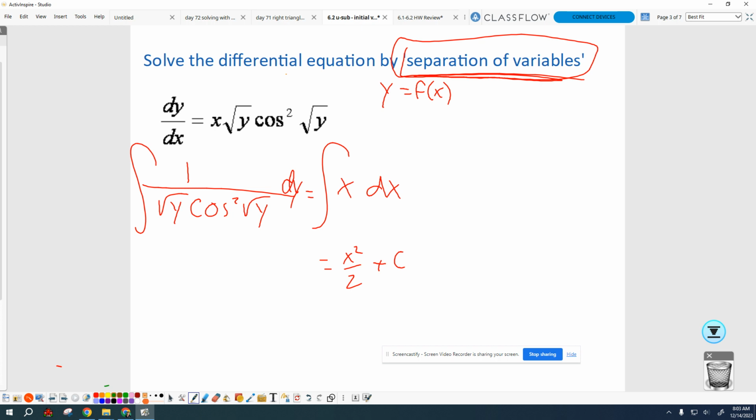How do I integrate the other side though? What do you guys see? Is it use substitution? Definitely use substitution, but you might recognize it differently. I recommend rewriting it. Not doing any math at all, just rewriting.